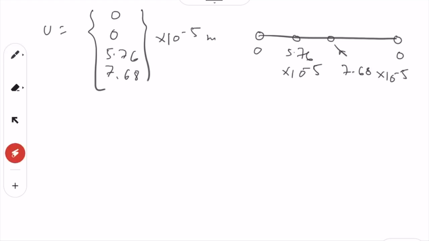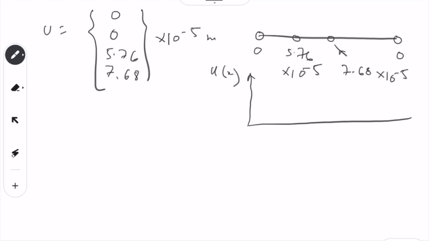You know that here what you have assumed is a quadratic shape function, so the u will be quadratic here and linear there. So if you want to plot it, this is u, ux, and this is x, with x equal to 1 at one end, x equal to 5 at the other, and in the middle x equal to 3.